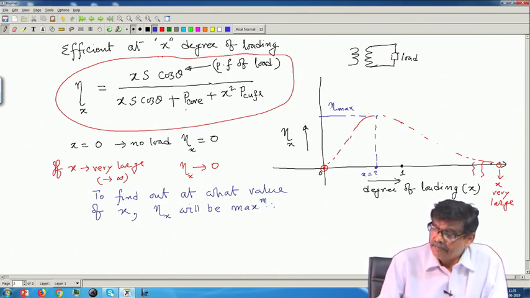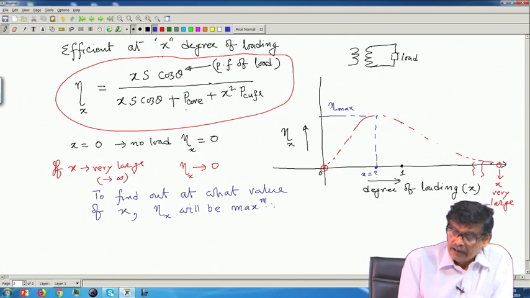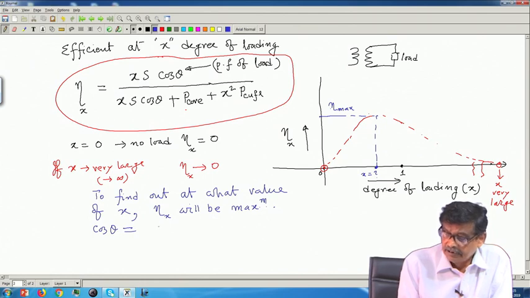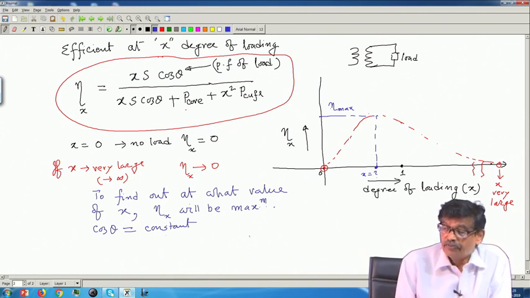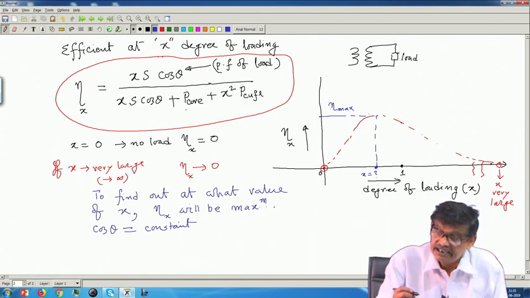Mind you, when I am varying x, I will keep cos theta constant. The load power factor I will not change; I will keep it a fixed value of cos theta and only vary x.